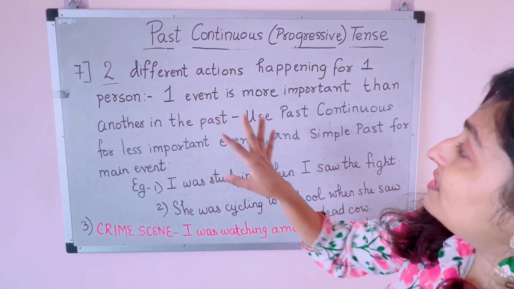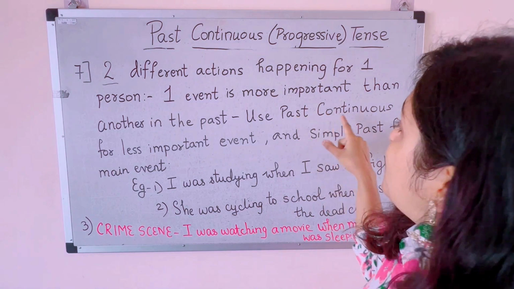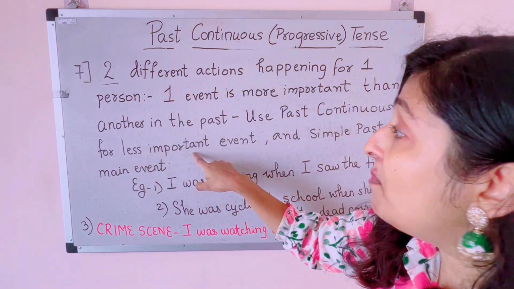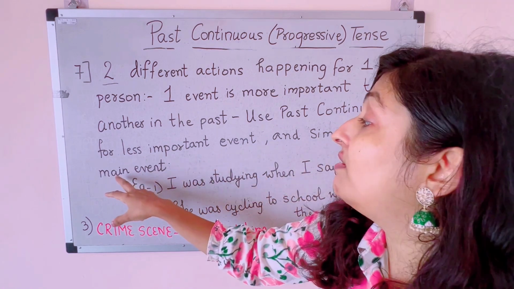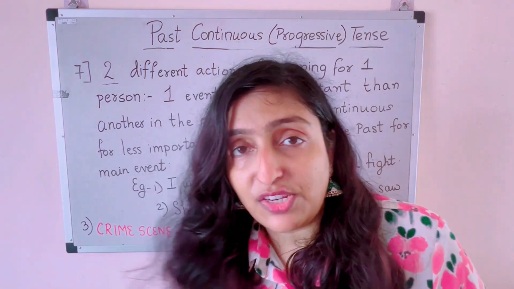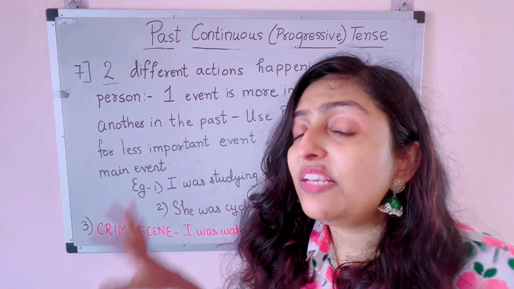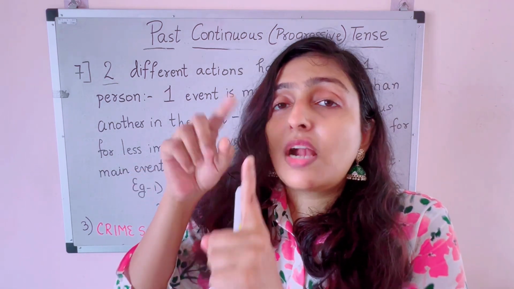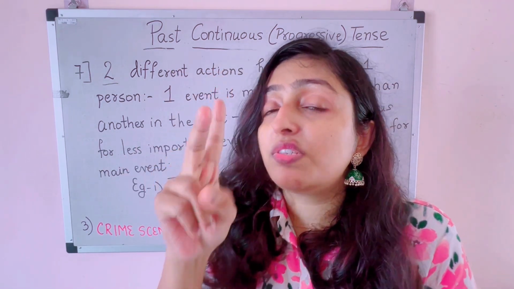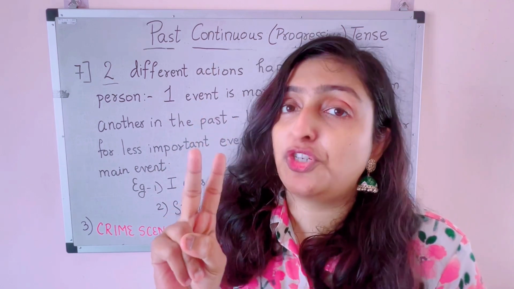So the definition says use past continuous for the less important action and simple past for the main event. Okay, so in these examples you'll see one thing, that is completed action versus incomplete action.